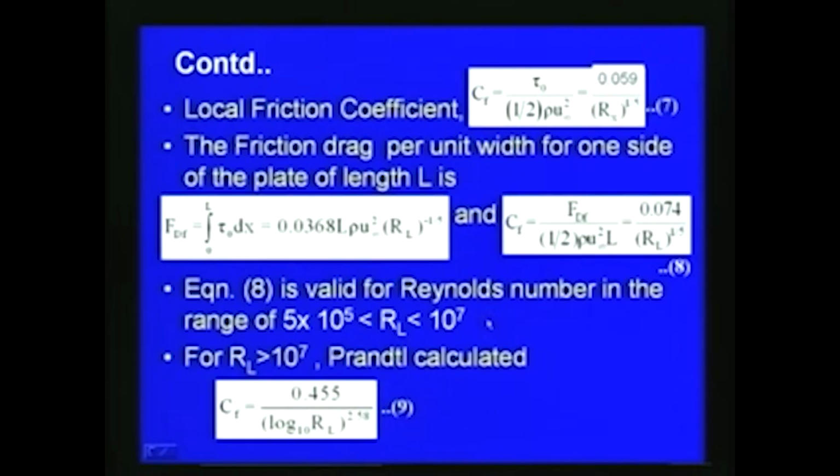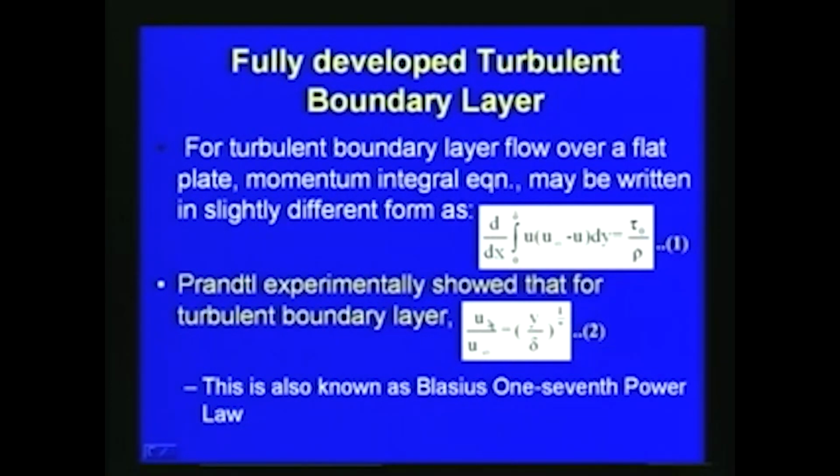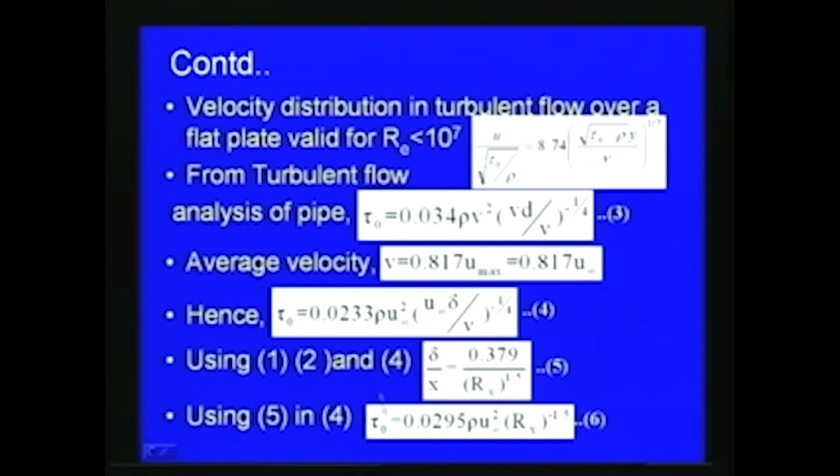For the turbulent zones, we have seen that starting from the Blasius 1/7 power law, we have shown the shear stress equations, and also that the boundary layer thickness delta by x is equal to 0.379 divided by Rx to the power 1 by 5, as in this equation.